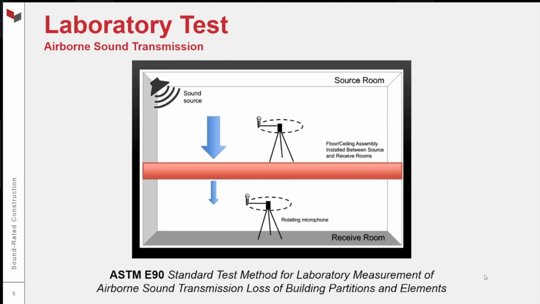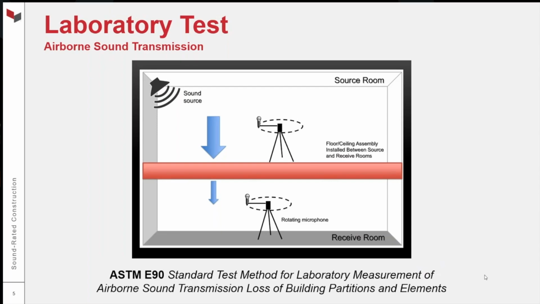You have a sound source, a large loudspeaker, in the source room. You excite that room with sound levels, again, in excess of 100 decibels across the entire frequency range. You're measuring the sound pressure level in the source room and in the receive room. You subtract one from the other. That gives you the sound transmission loss of the partition, of the floor ceiling assembly.